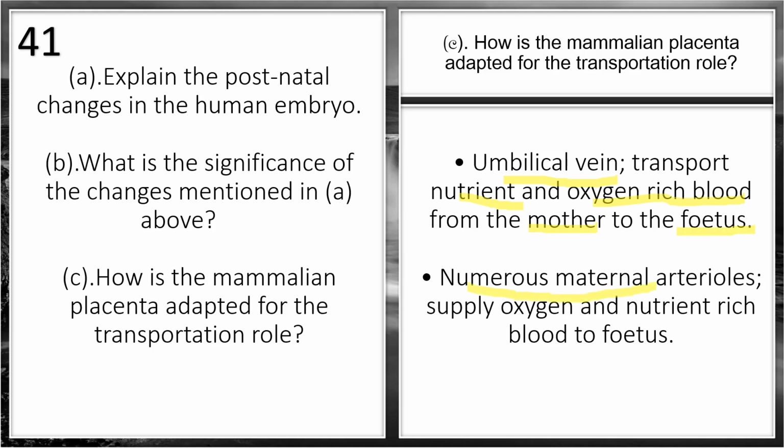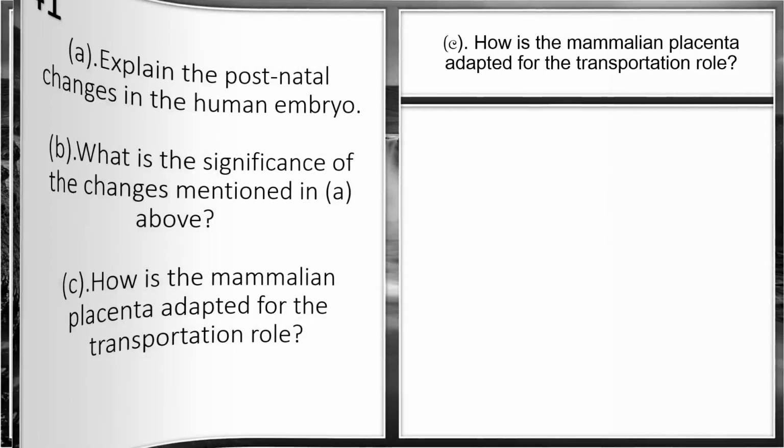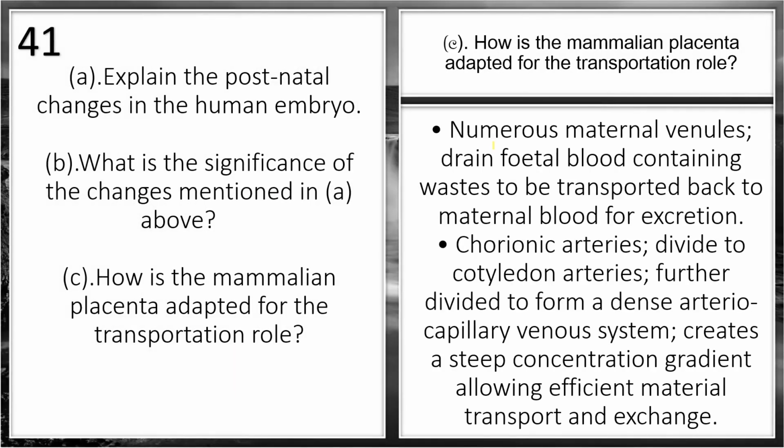The numerous maternal arterioles supply oxygen and nutrient-rich blood to the fetus. Numerous maternal venules drain the fetal blood containing wastes to be transported back to the maternal blood for excretion.